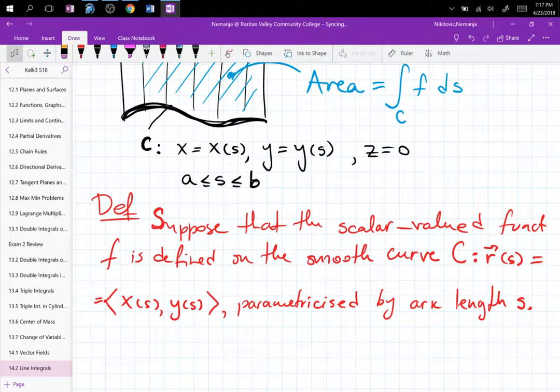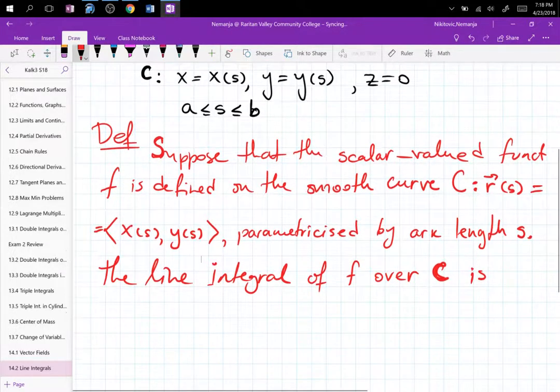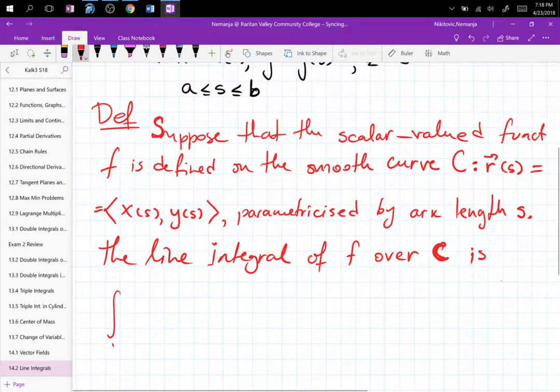Then the line integral of f over C is, and now we have the definition. This is the Riemann sum stuff.